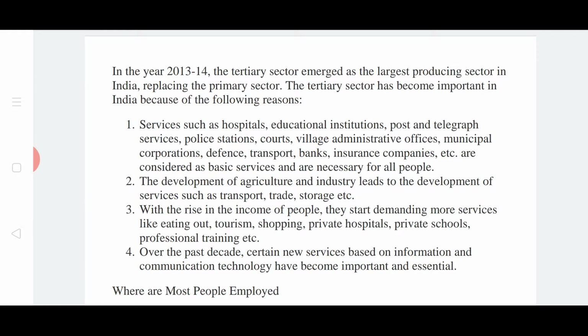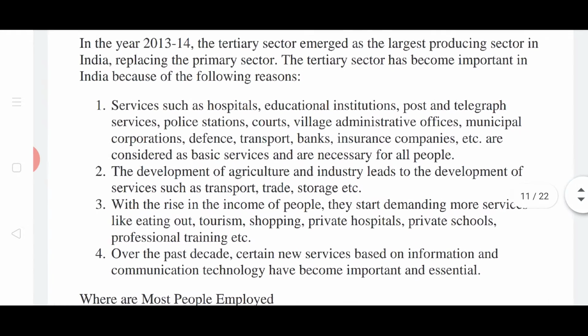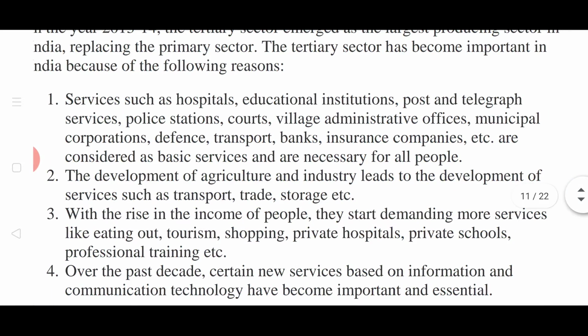Here we see services such as hospitals, educational institutions, post and telegraph services, police stations, courts, village administration offices, municipal corporations, defense, transport, banks, insurance companies, etc. These are considered basic services and are necessary for all people.